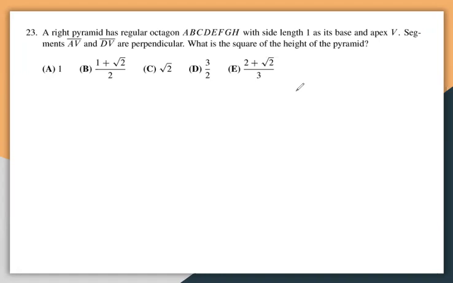Okay, so it's 3D, and we'd like to make a visual. Since we have a regular octagon, maybe I can use a circle to make that octagon. So let's try that. Let's say this is my circle, and I just want to make 8 points equally distant from each other.